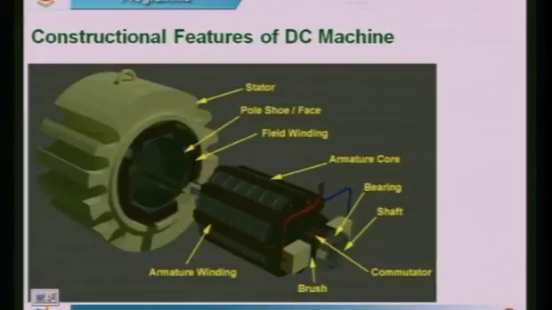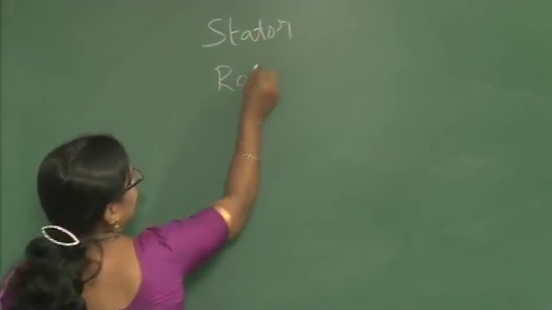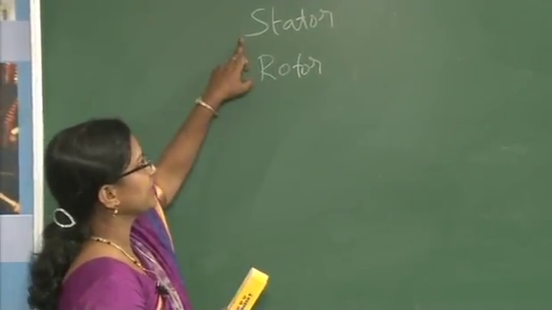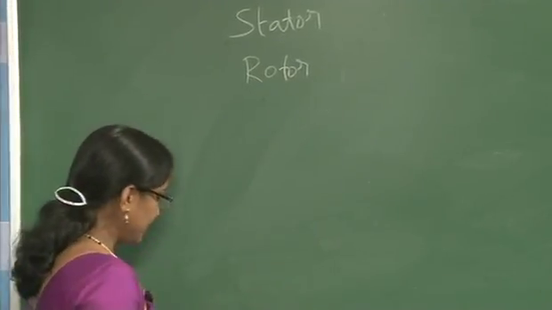Coming to the constructional features of a DC machine, there are two parts: one is the stator and the other is the rotor. As the name indicates, the stator is the stationary part and the rotor is the rotating part.